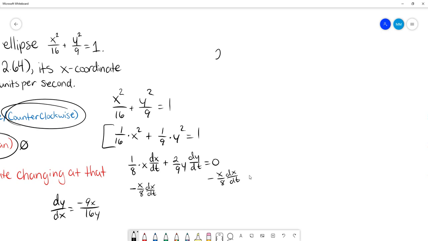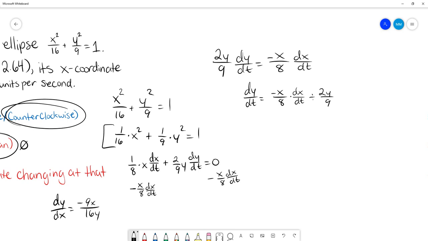So I'm going to get 2/9 y, or again, I'm going to write the y in the numerator there. dy/dt equals negative x over 8 dx/dt. So if I want to find dy/dt, I divide by all this. So that's going to be dy/dt equals negative x over 8 times dx/dt, all divided by 2y over 9. Again, it's the same as multiplying by the reciprocal.